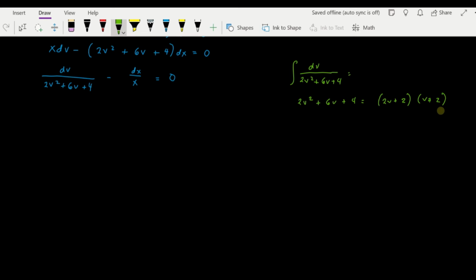So, ang gagawin lang natin dyan, magiging lang siya, 1 over 2v squared plus 6v plus 4 is equal to a over 2v plus 2 plus b times v plus 2. So, di ba ganyan lang yung mag-solve ng integration using partial fraction?